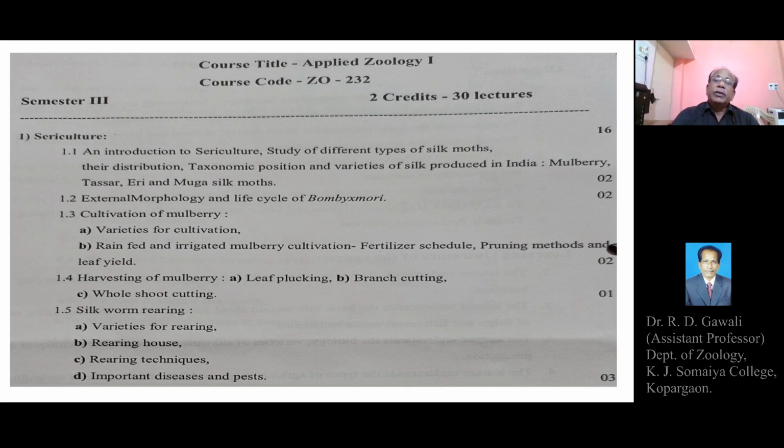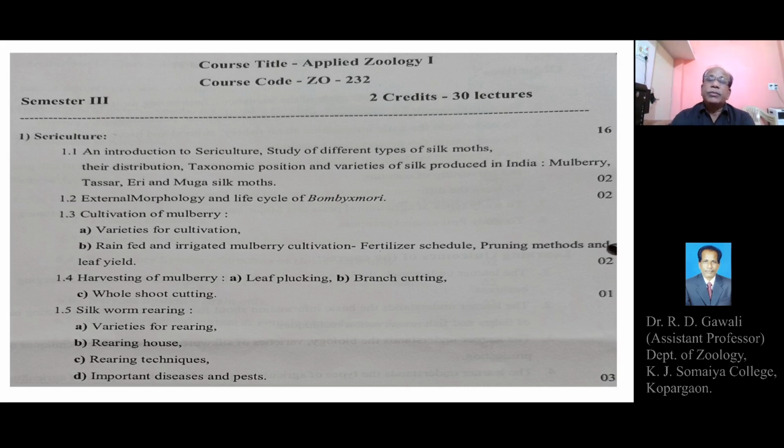For example, univoltine varieties, which give only one crop or undergo only one generation, can be grown in regions like Jammu and Kashmir, where the climate is too cold. There we can continue the sericultural practice only once in a year.